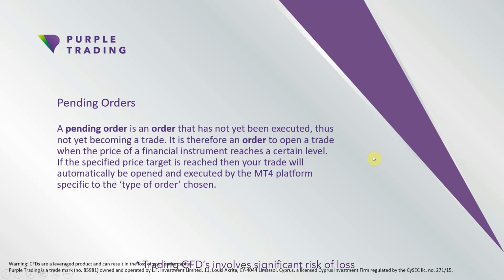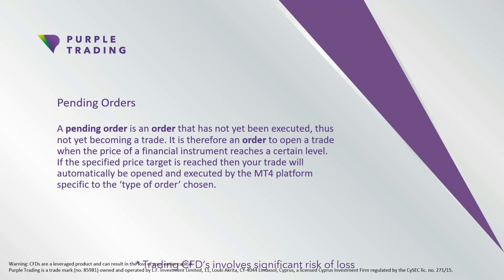So a pending order is an order that has not yet been executed, thus not yet becoming a trade. It is therefore an order to open a trade when the price of a financial instrument reaches a certain level. And this level you will determine before the trade is open.